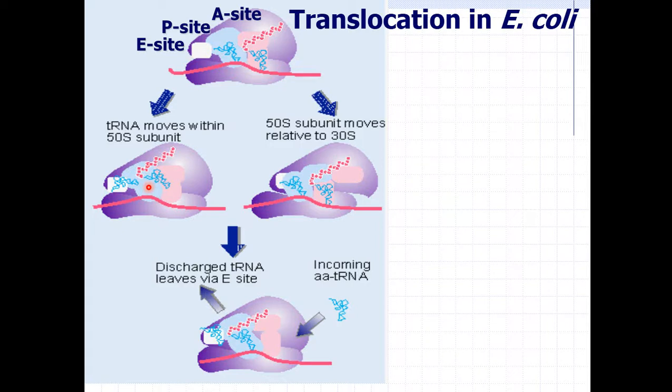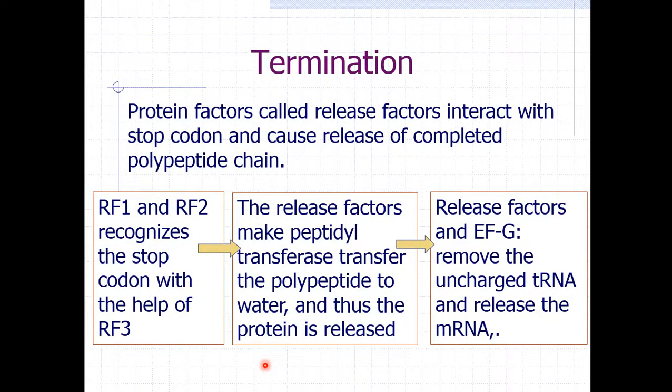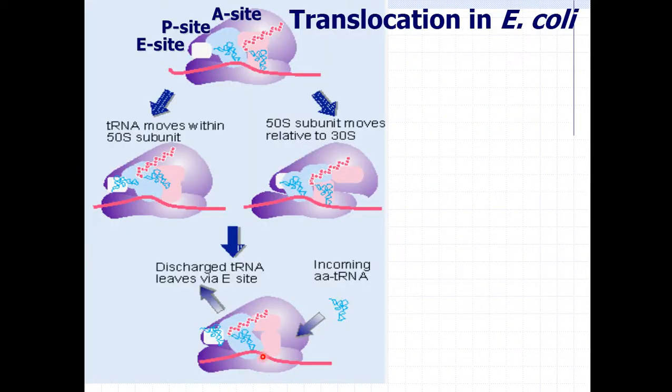The ribosome moves only one codon ahead, and now the A site is empty for the incoming tRNA. This process continues till stop codons are encountered in the A site.